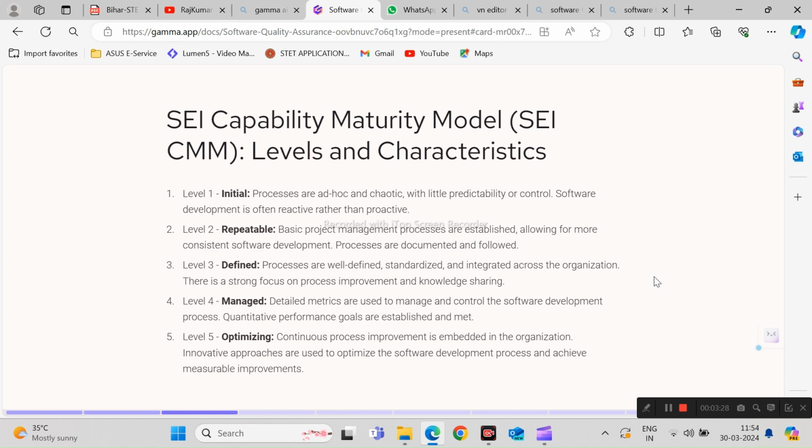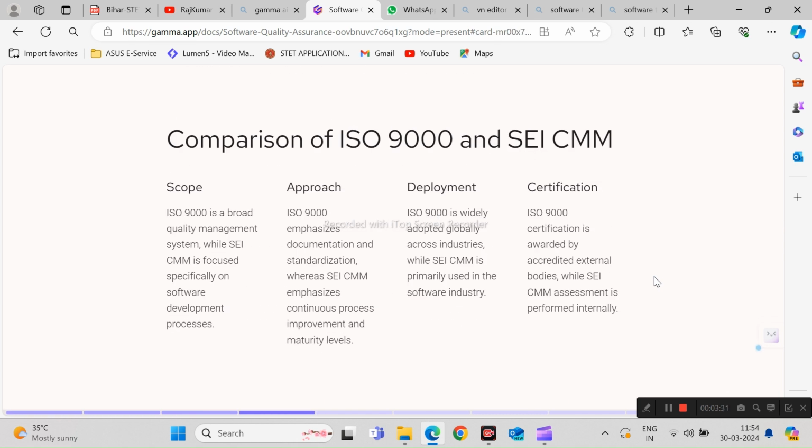That is a comparison of ISO 9000 and SEI CMM. On four bases: the first one is scope, second approach, third one is deployment, and the fourth one is certification. The first one, scope. ISO 9000 is a broad quality management system, while SEI CMM is focused specifically on the software development process.